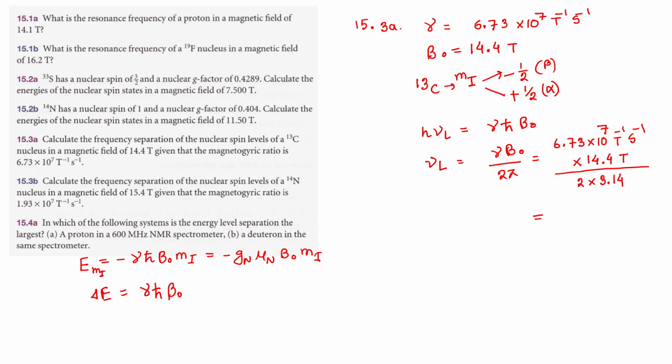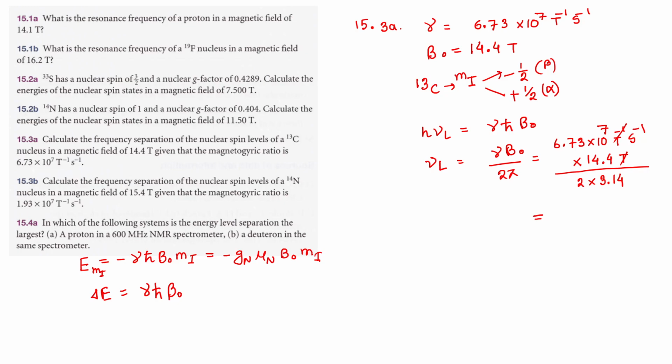So your Tesla and Tesla will cancel. So let us see how much will be the value. So it is 6.73 into 10 to the power 7 multiplied by 14.4 divided by 2 divided by 3.14.